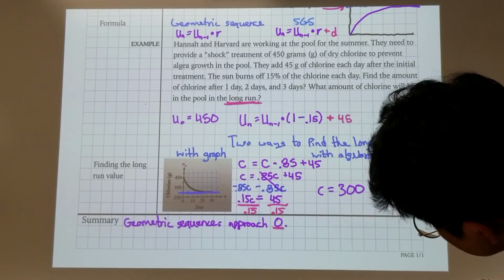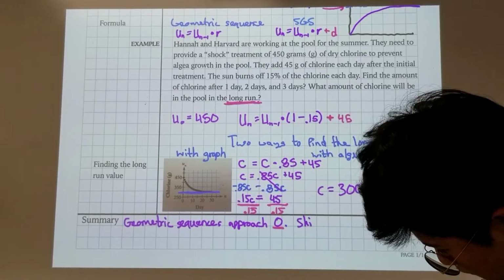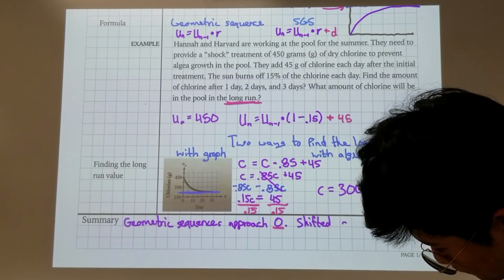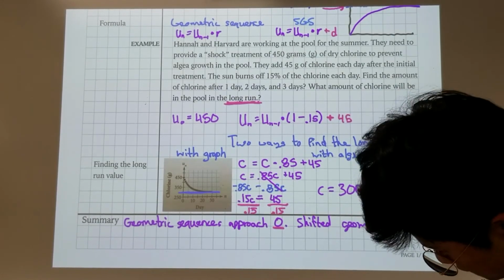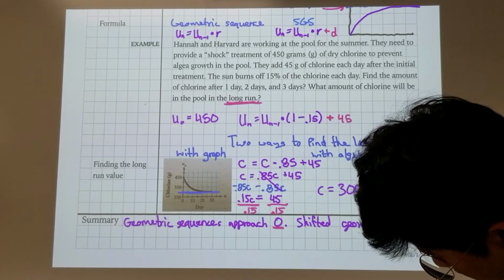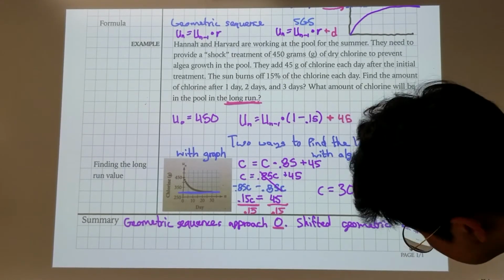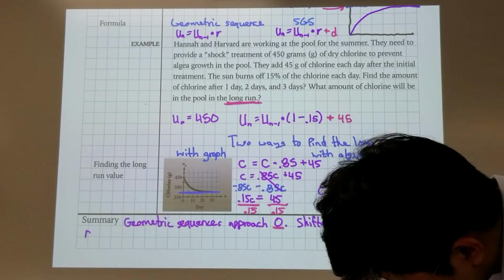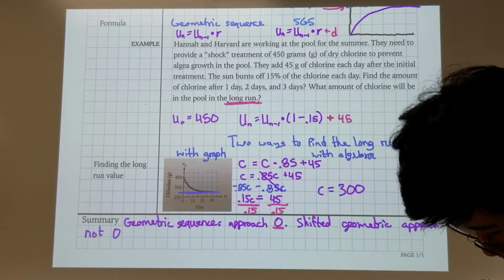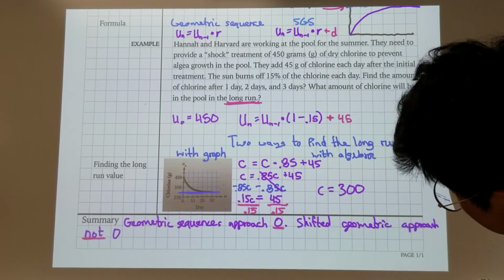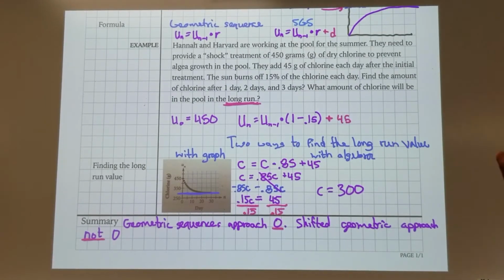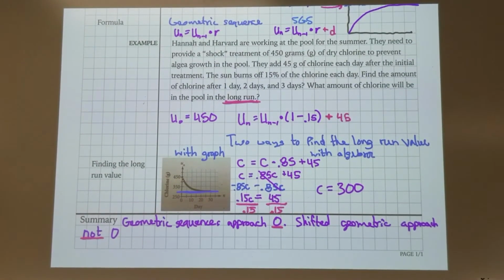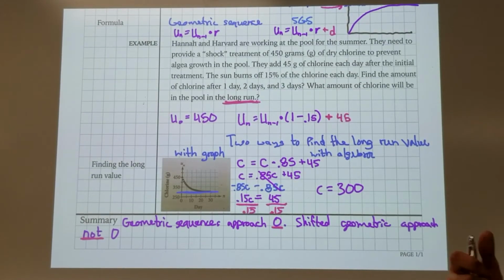Something that's not 0. Could be 20, could be 100, could be 3,000. Something not 0.